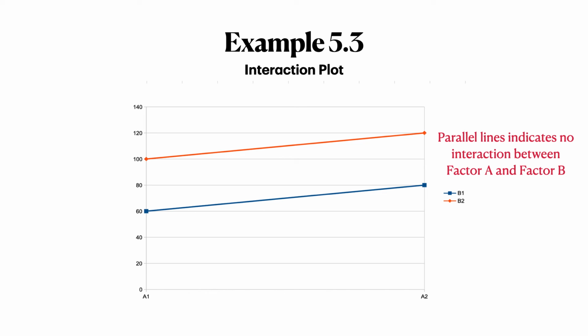Then it becomes more difficult to determine whether interaction exists just by looking at the interaction plot. We can maybe get a sense of whether we think there's interaction by how far from parallel the lines are. But what it really boils down to is, in order to make an inference, we have to formally test the hypothesis of no interaction.